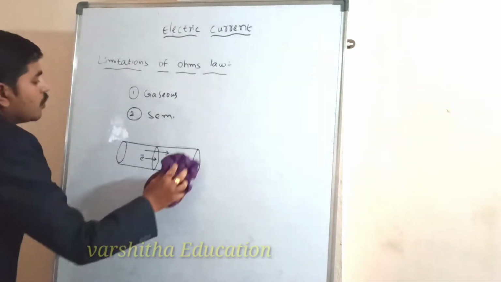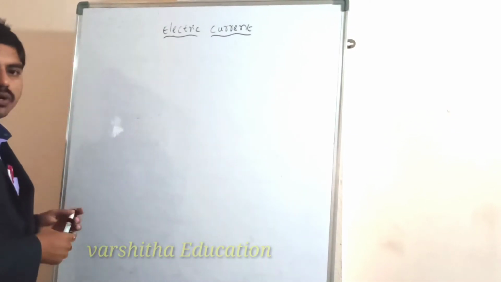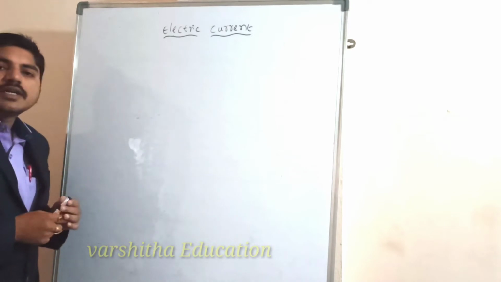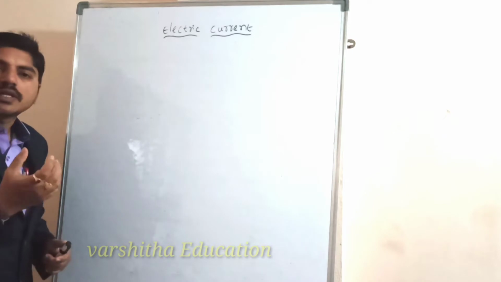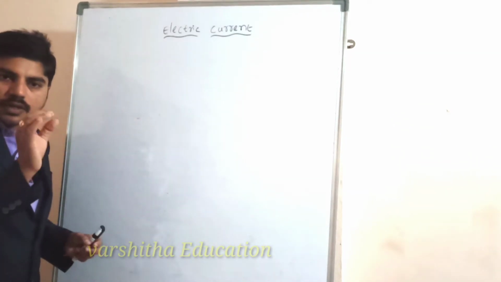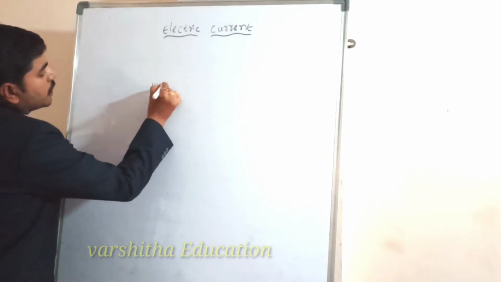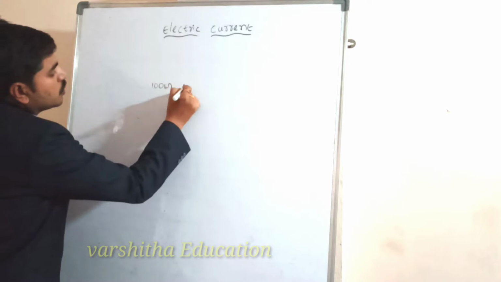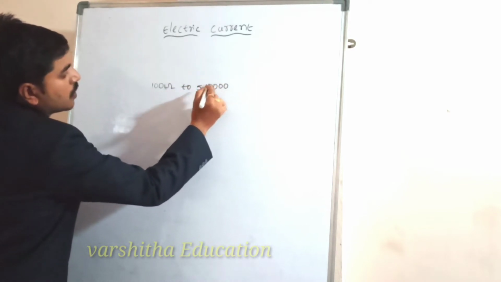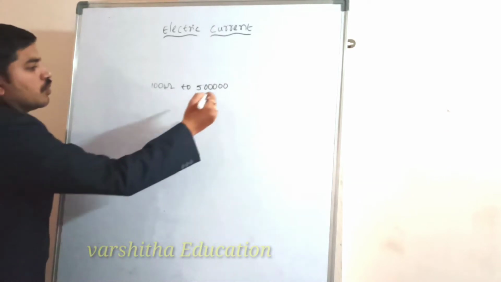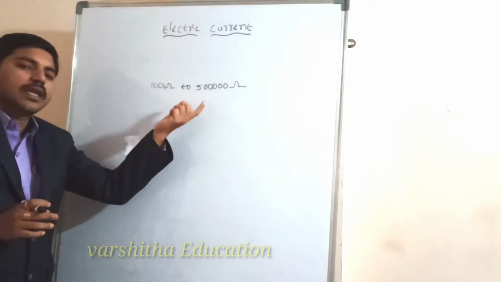What resistivity or resistance does the human body contain? Our body contains resistance values. Our fingers have a particular resistance, from 100 ohms to 5 lakh ohms. So the human body contains 100 ohms to 5 lakh ohms of resistance.